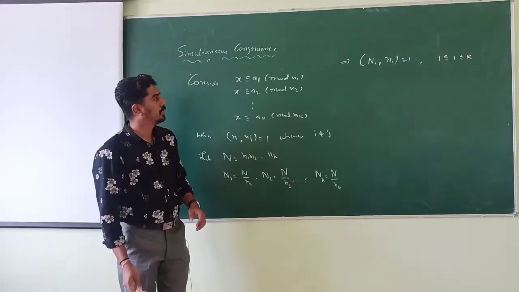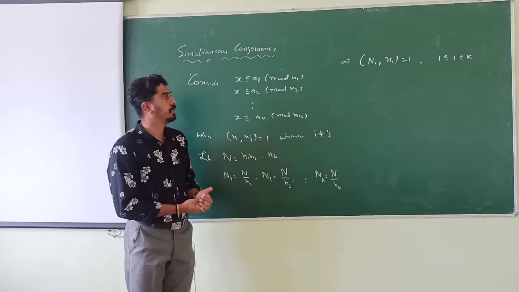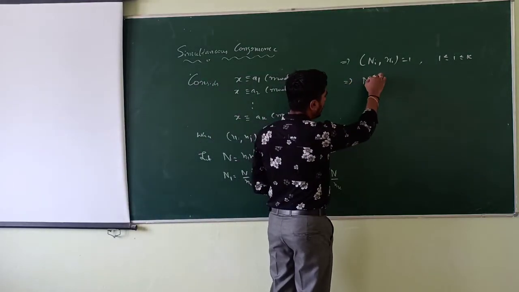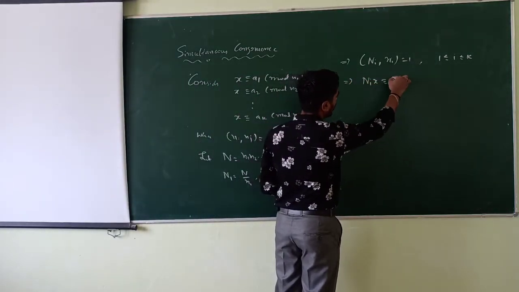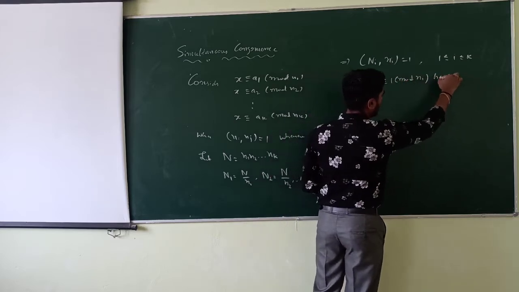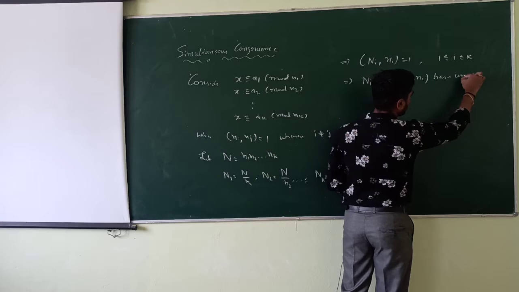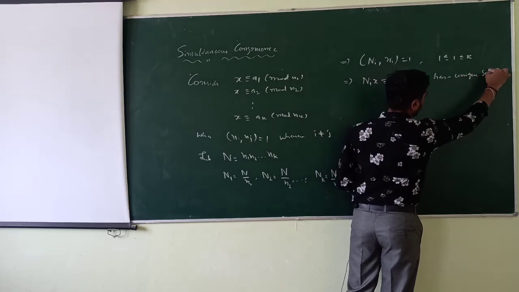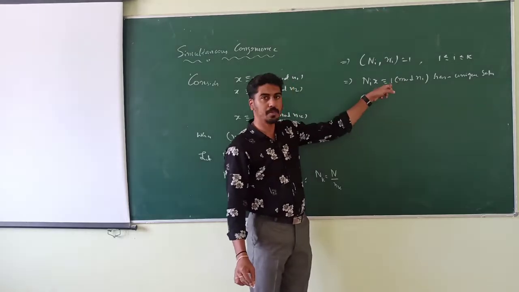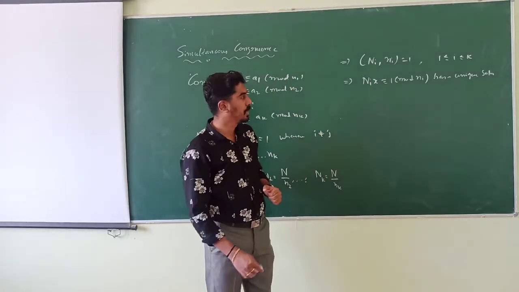Now, using the property of linear congruence, we know that Ni x congruent to 1 modulo ni has a unique solution. Since the GCD of Ni and ni is 1 and 1 divides 1, it has a unique solution.